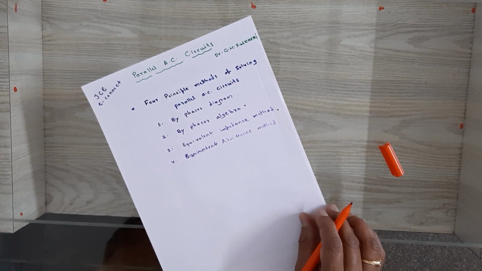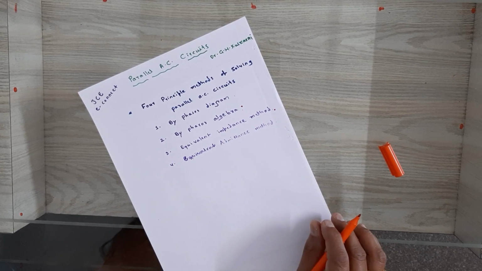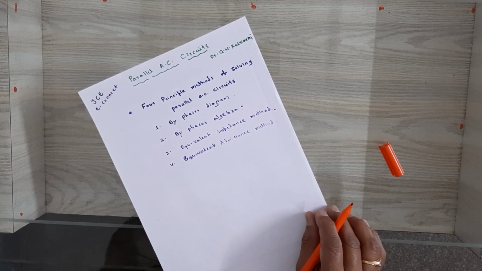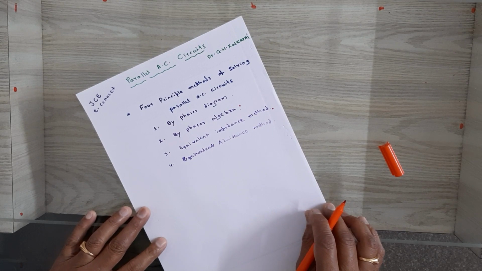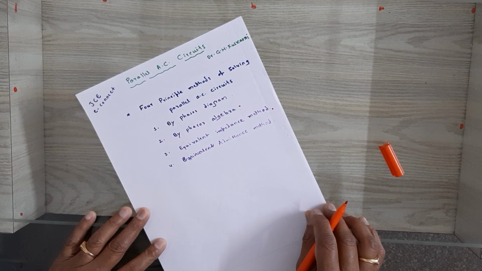In the analysis of a parallel AC circuit, we know the basic characteristic of a parallel circuit is that the voltage across the parallel branches is the same.